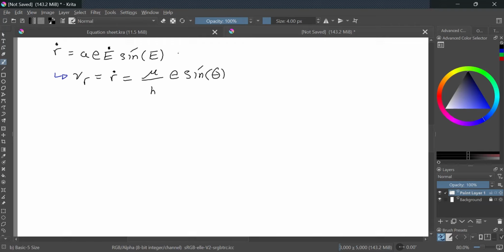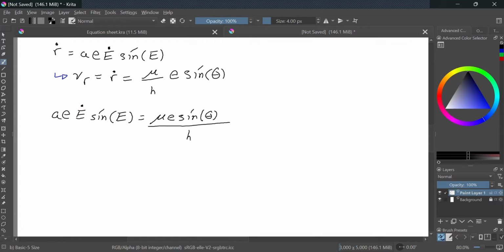So let's do it this way. E dot sine of E is equal to mu e sine of theta, all divided by h.